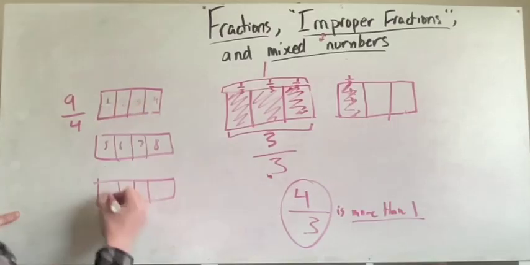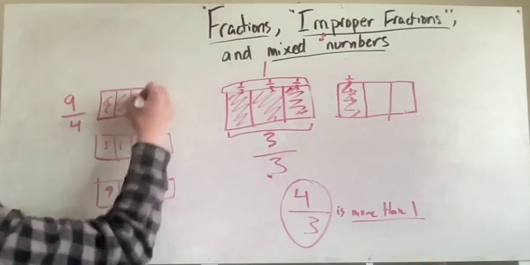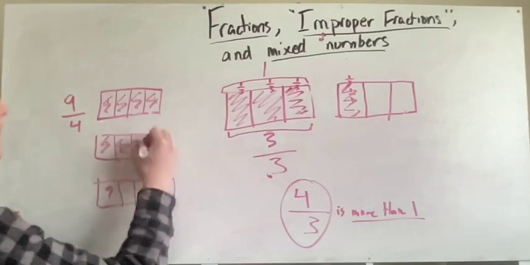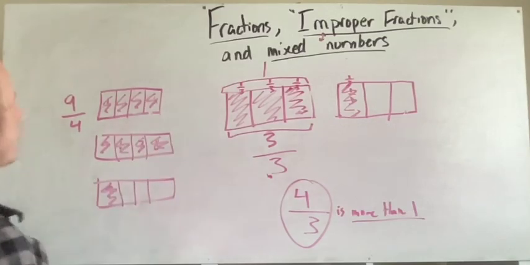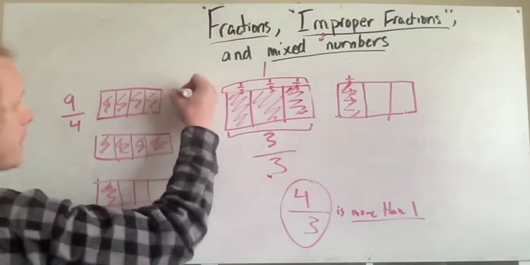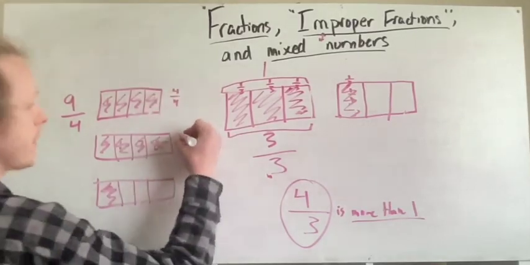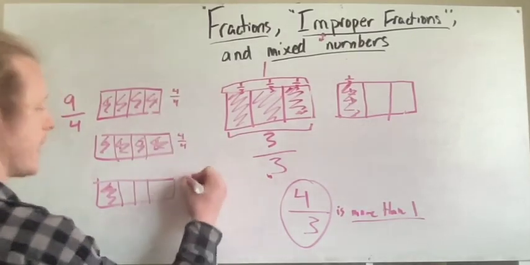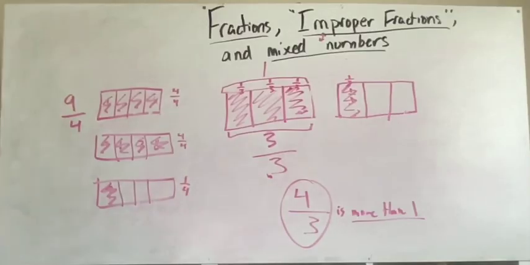Right, 9. So the shaded area here represents 9/4. Okay, and we can see here, this is 4/4, this is another 4/4, and then this is 1/4.